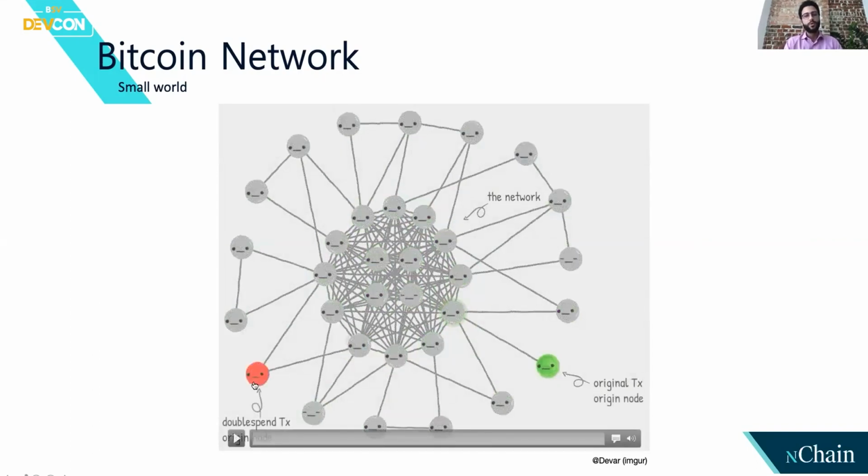So this is an example of a double spend transaction. This more clearly models the legacy way, not really the P2P way, which we'll see more clearly, but this is an example of a simulation of a double spend. What a double spend is, basically, if someone is trying to settle or send a transaction to the network, a double spend is another transaction which is trying to spend the same funds.